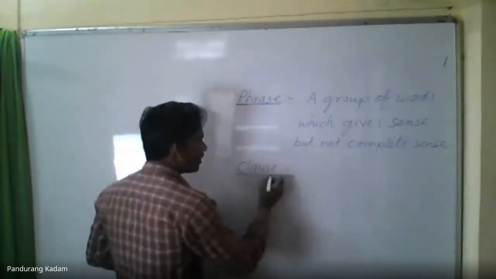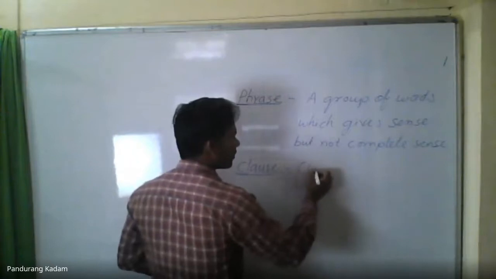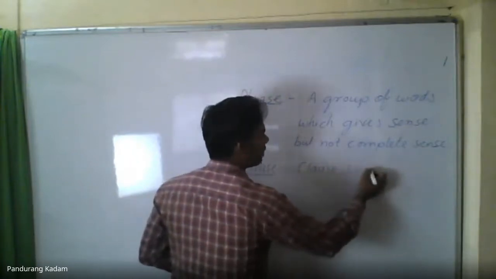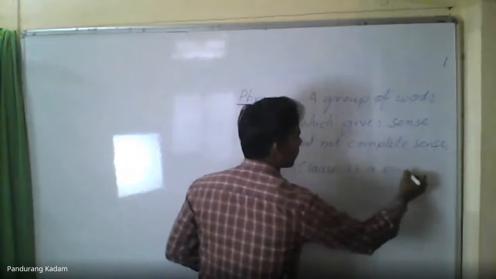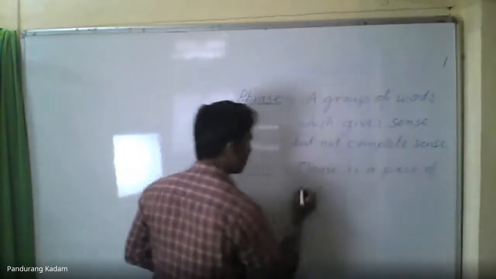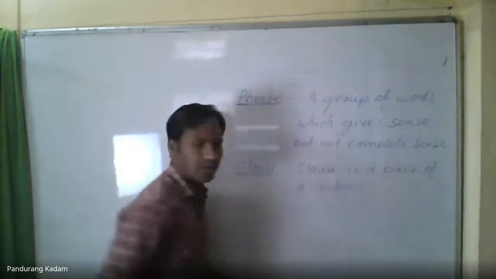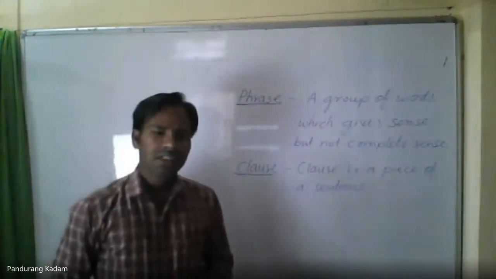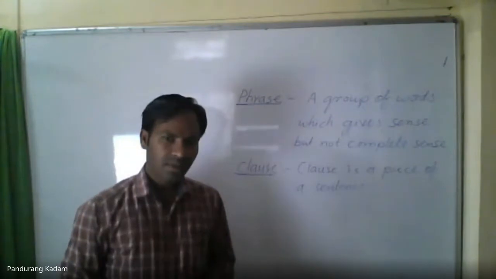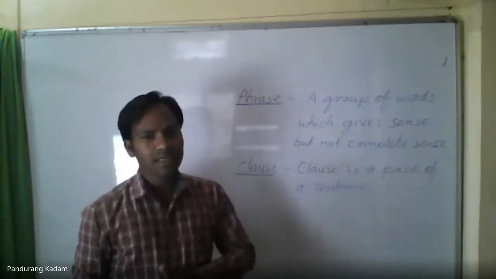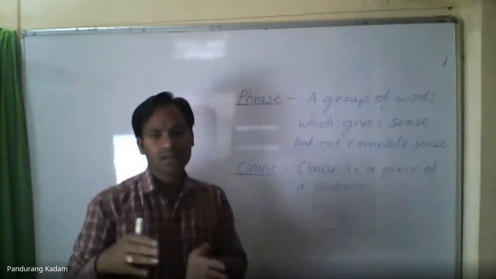So we will learn here clause. Clause is a piece of a sentence. It is just a piece of a sentence, and the piece may have either incomplete or complete meaning.